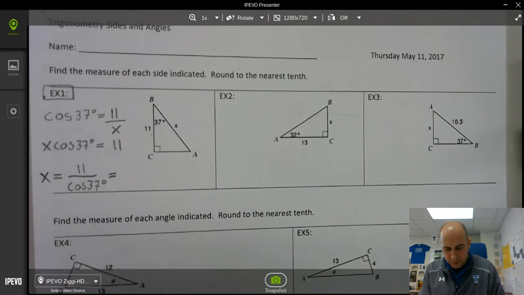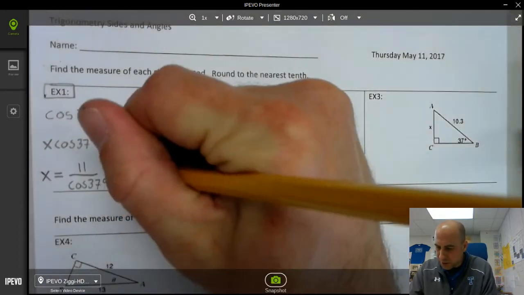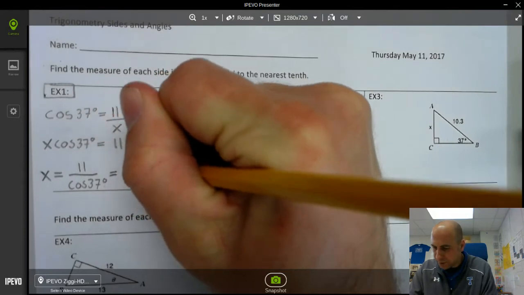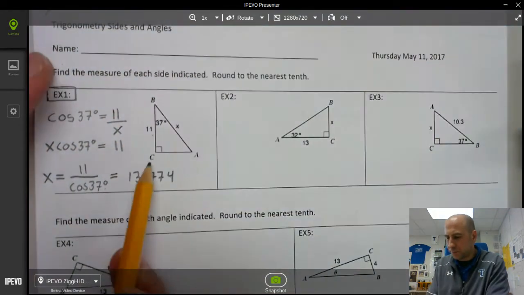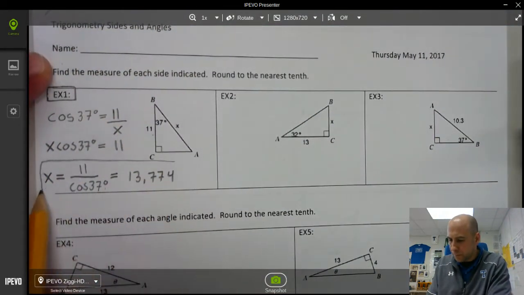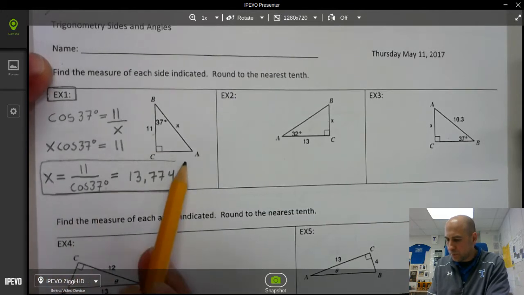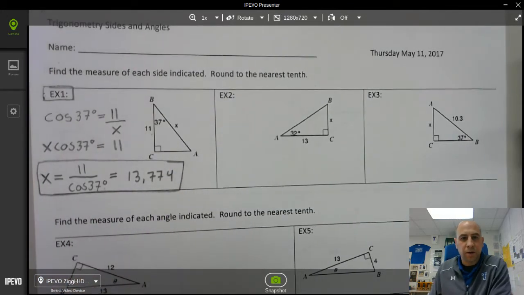But that is 11 divided by cosine of 37 degrees. Make sure your calculator is in degree mode, but it is 13.774. Pause for a few seconds and finish up example 1.